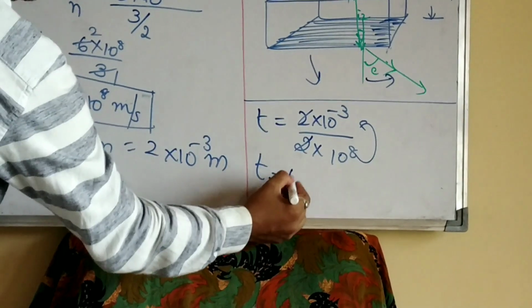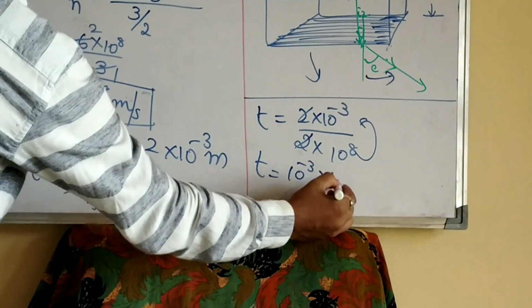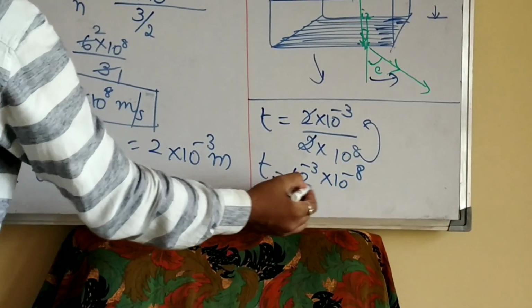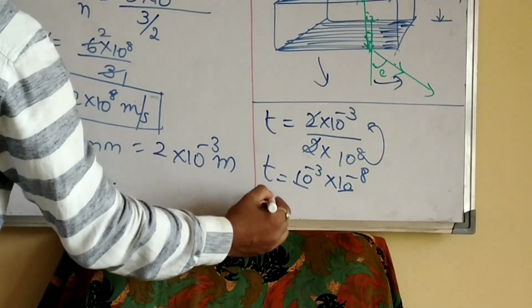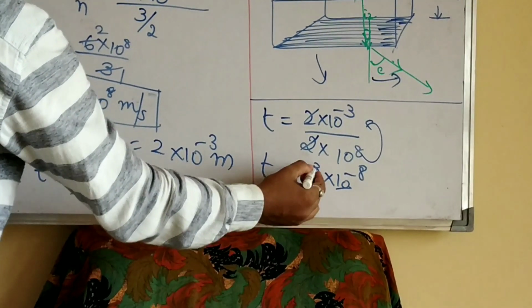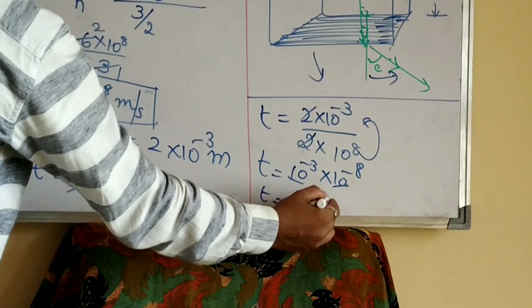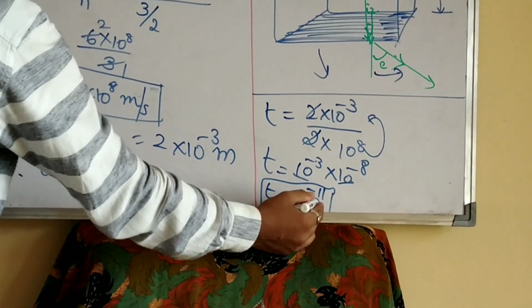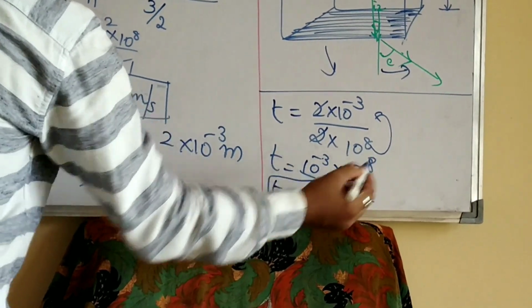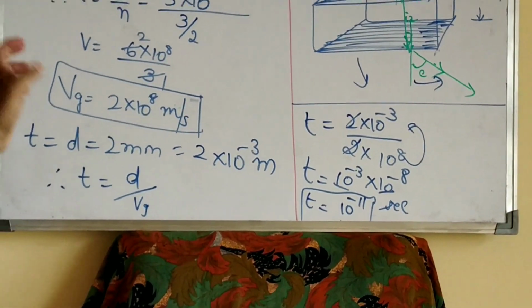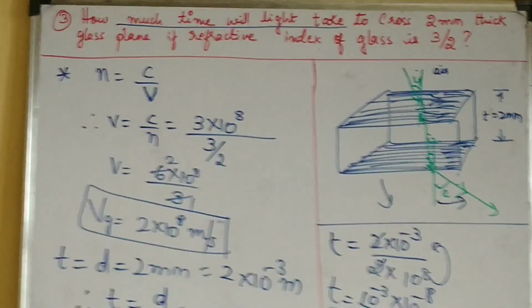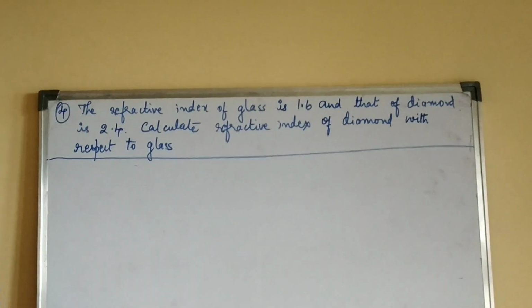So you get 10 power minus 3 into 10 power minus 8. Now the base is the same, you can add the powers. 10 power minus 3 minus 8 is minus 11. So time is 10 power minus 11 seconds. Unit of time is seconds. Understood the problem? Okay students, moving to the next, fourth problem.